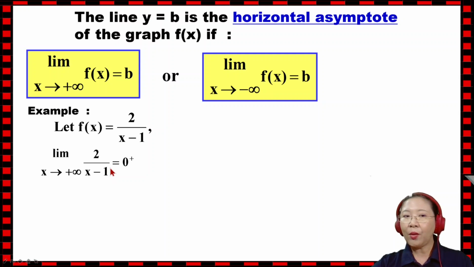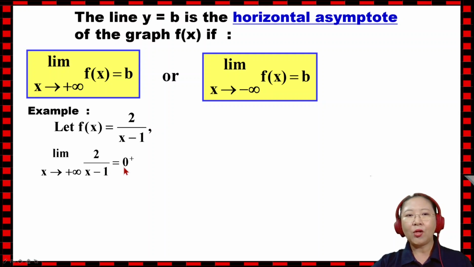So why 0? Because if you look at your limit, a number divided by x is supposed to get 0, meaning divided by infinity, a very big number at the bottom, you are supposed to get 0. That's from your chapter 1.